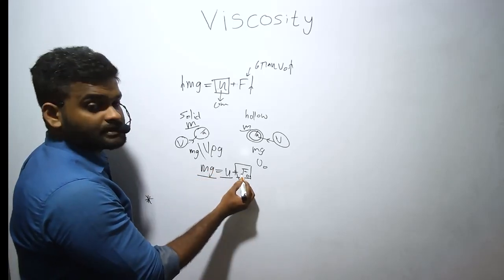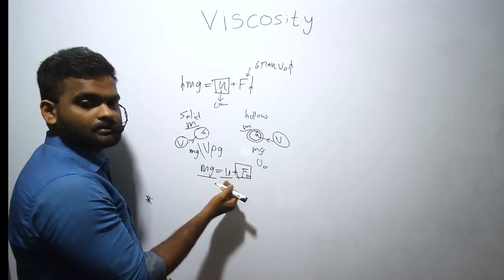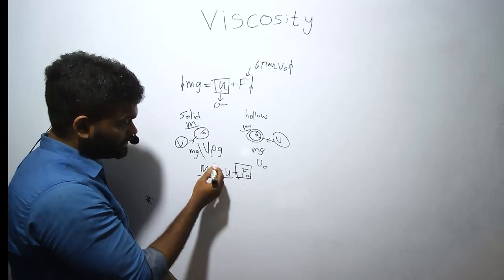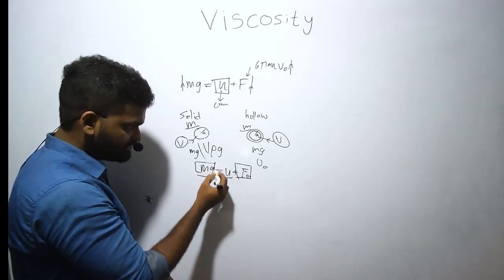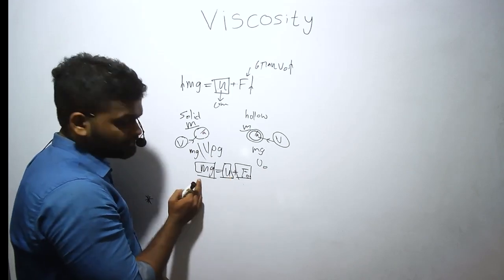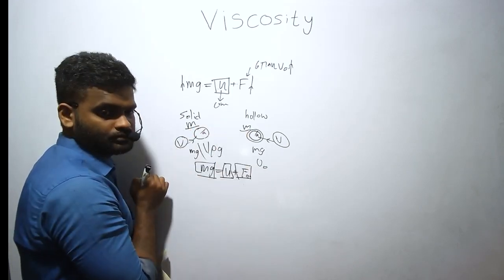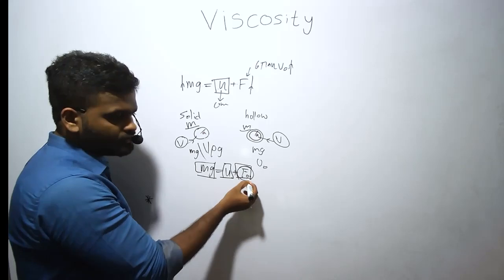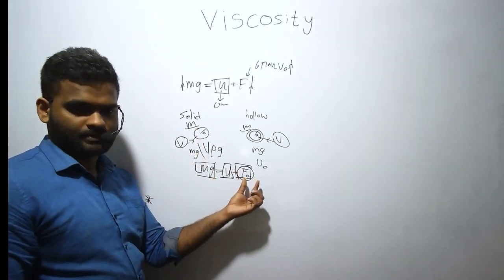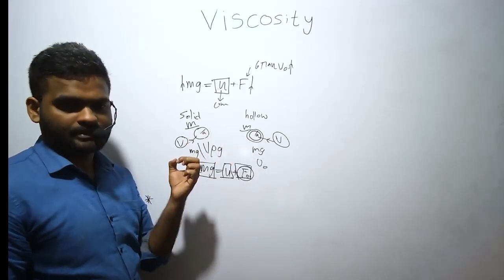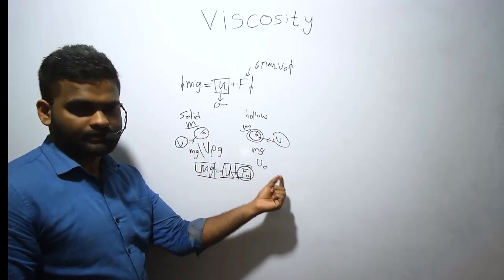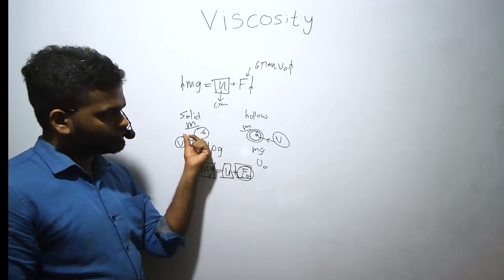So this is the equation we apply: mg equals U plus F naught when it comes to the terminal velocity. Both have the same weight and the same upthrust, so F naught also should be the same. If F naught is the same, you know this is 6 pi a eta V naught, so V naught also should be the same.